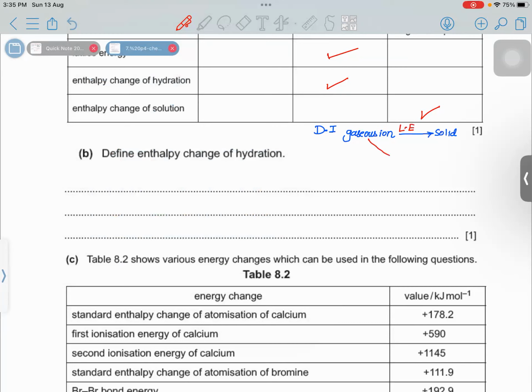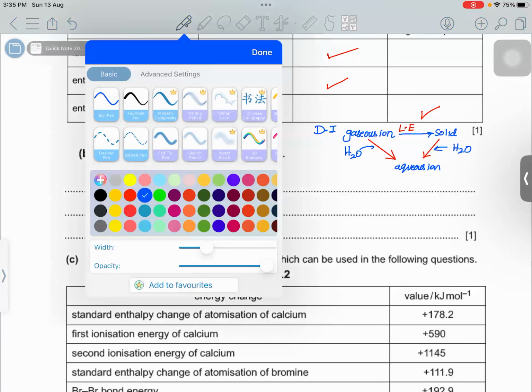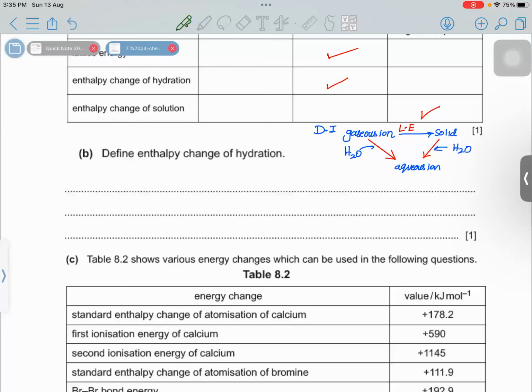When water is added to gaseous ions, or when water is added to solid, aqueous ions are formed. This is called enthalpy of solution, and this is called enthalpy of hydration.